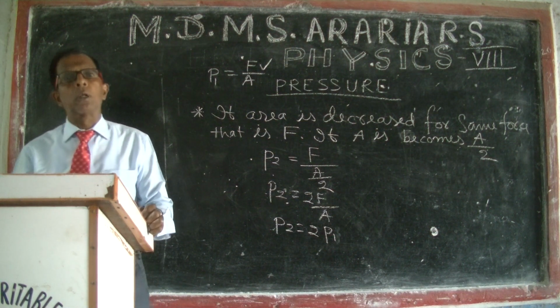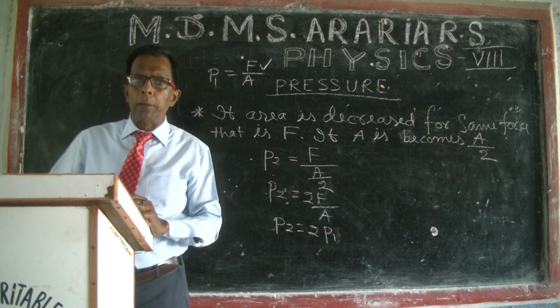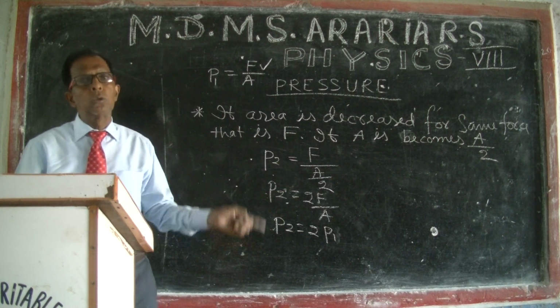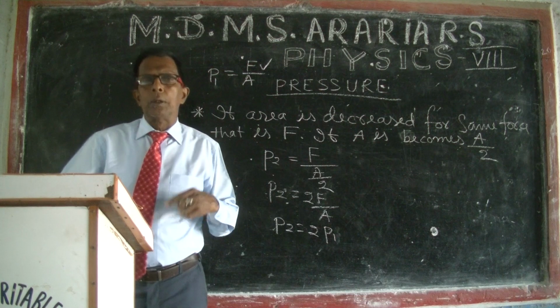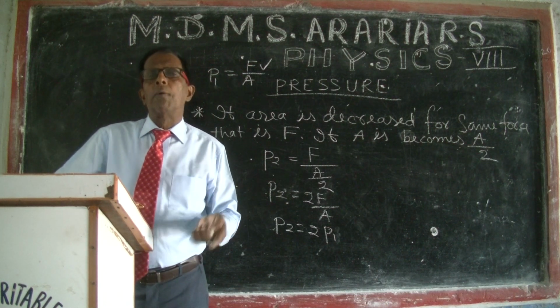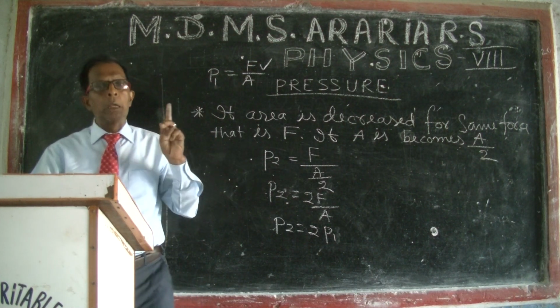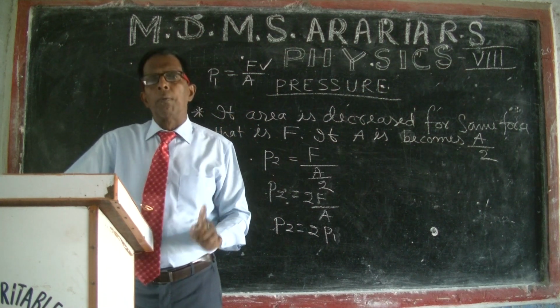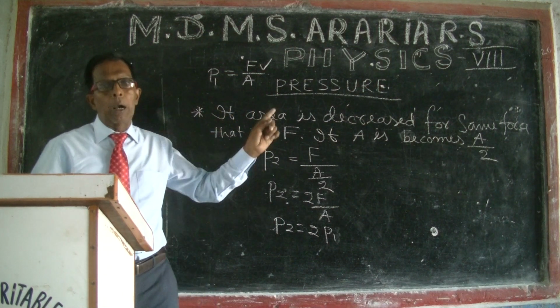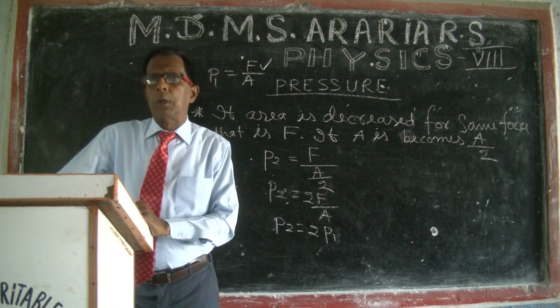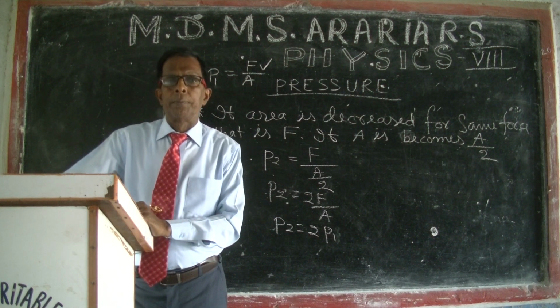And so many other questions are explained on the basis of these two facts: when the area is increased for the same force and when the area is decreased for the same force, what happens to the pressure?